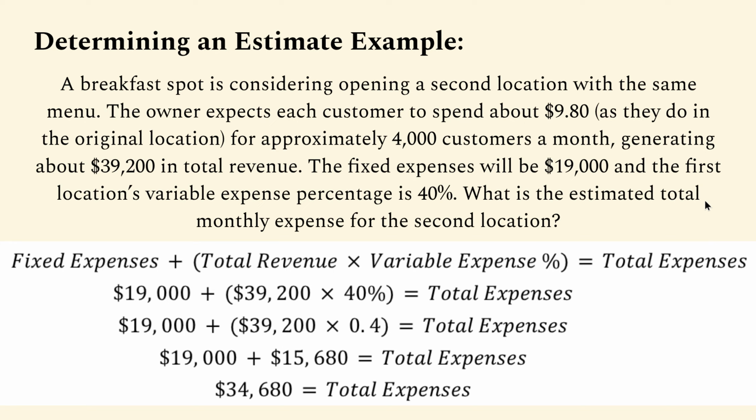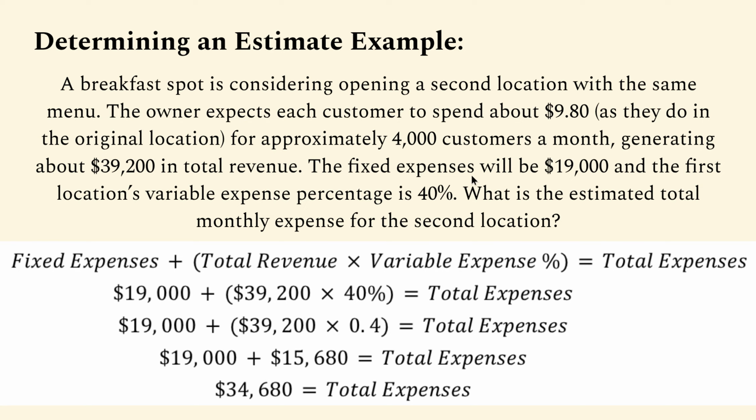This should generate about $39,200. So that number came from multiplying the average that the owner expects each customer to pay, which is what they pay at the first restaurant, which again could be different, but if it's the same menu, it should be more or less the same. They are guessing that they're going to see about 4,000 customers a month. So $9.80 multiplied by 4,000, and that's how we got this $39,200.